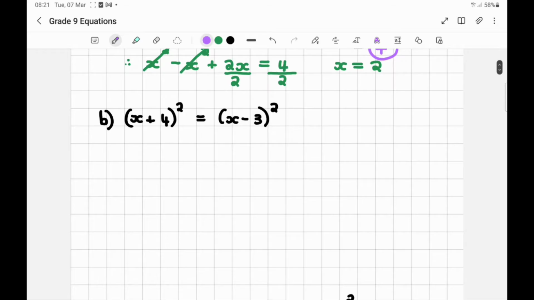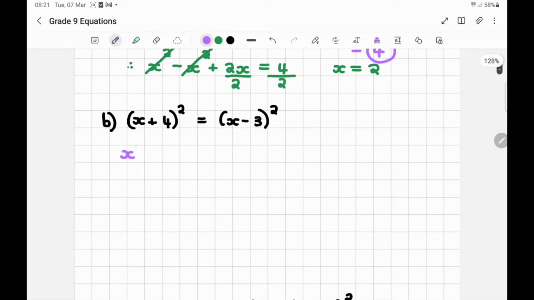All right, over here we need to get rid of our brackets. Lots of you say x squared plus 16. You forget that middle term. So please remember, you double up. You first have to expand x plus 4 times x plus 4, and that equals x minus 3 twice, x minus 3.